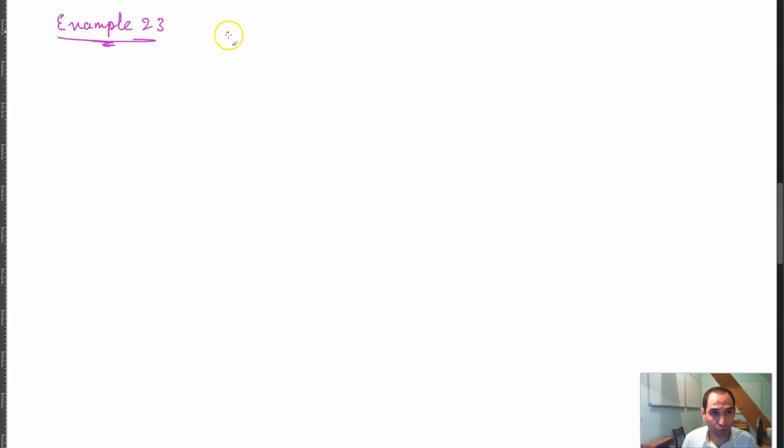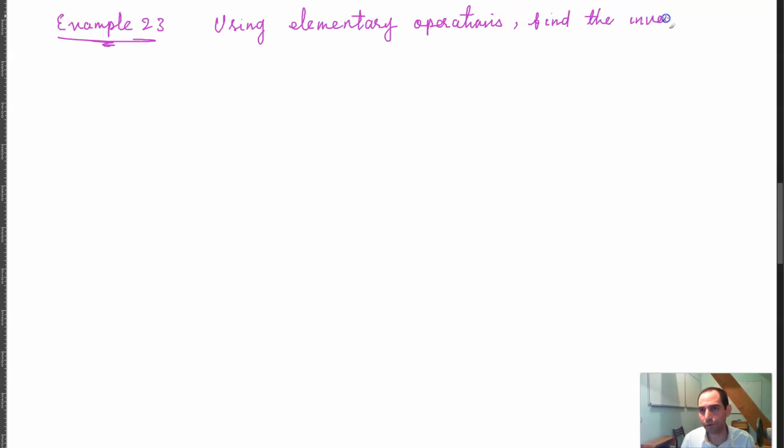Using elementary operations, we want to find the inverse of the matrix A is equal to 1, 2, 2, and negative 1.